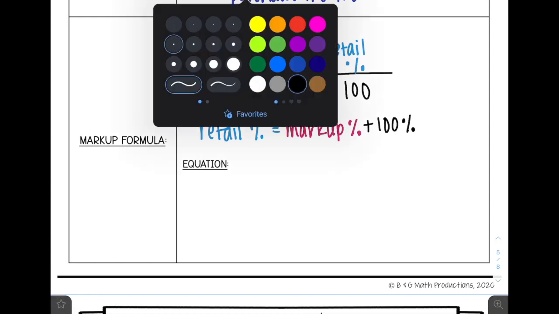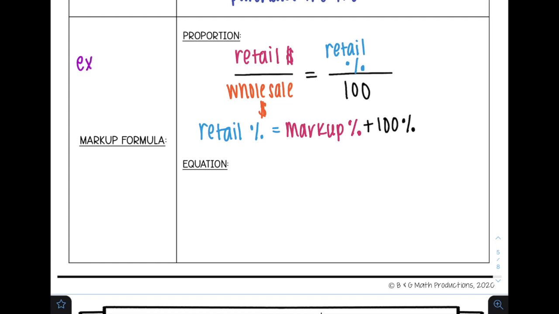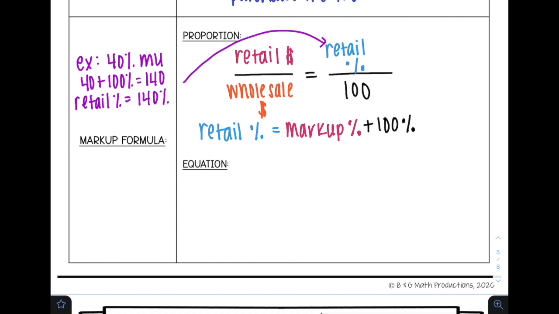Let's say I use an example. I'm going to mark up this item for 40%. So the markup is 40%, and I'll use MU. So if I want to use this in my proportion, I'm going to say, 40 plus 100, the wholesale percent, I'm going to get 140. So my retail percent is going to equal 140%, and that's what I'm going to use in my proportion.